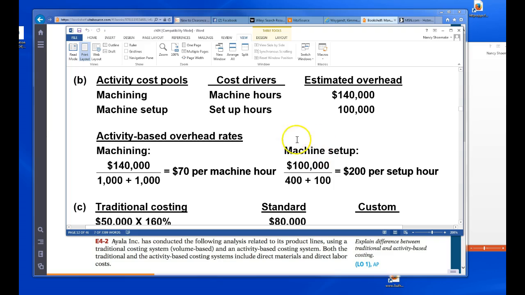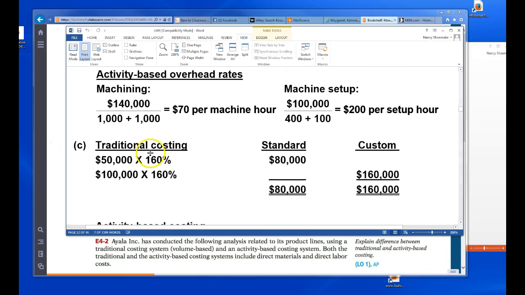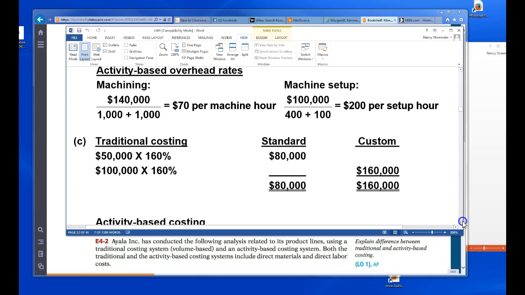Then as we deal with machine setup, if we've got between the custom and the standard 500 hours of machine setup, we will take $200 per setup hour to help us determine our overhead rates. So with traditional costing, we would have assigned to the standard item 80,000. For the custom item, we would be assigning 160,000.